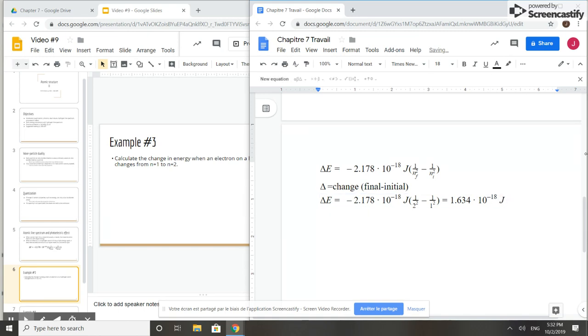So I got 1.634 times 10 to the negative 18th power. I got a positive. You don't have to include the positive, but if it's negative, you do have to include it. It would be a good habit to include it, though. So notice I did include the positive. That means that energy had to be absorbed in order for this energy change to happen, which makes sense because you're going from a lower energy level to a higher energy level.